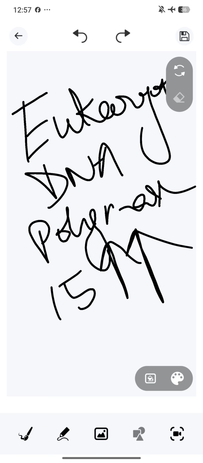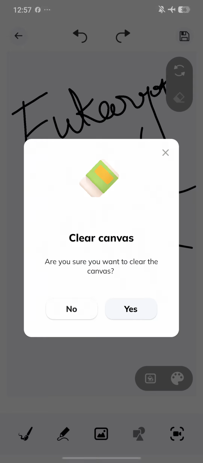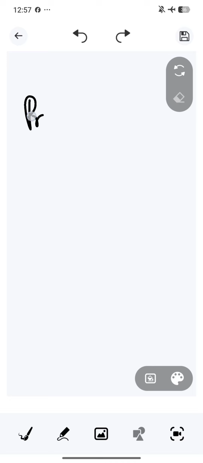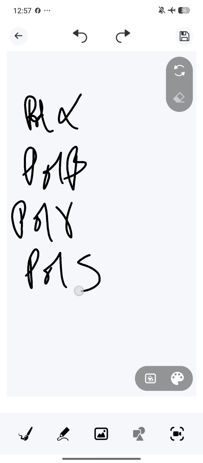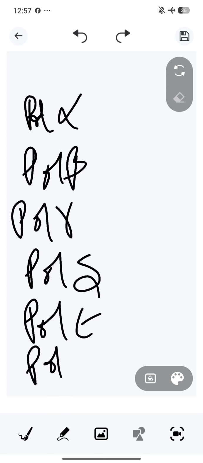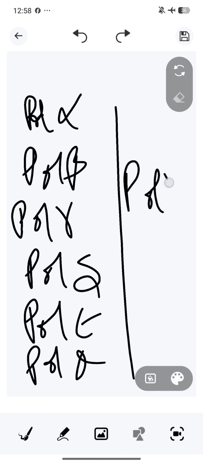I am going to show you some very important ones: Pol alpha, Pol beta, Pol gamma, Pol delta, Pol epsilon, Pol theta, Pol zeta. These are your eukaryotic DNA polymerases. Some are important; there are more than 15 types.